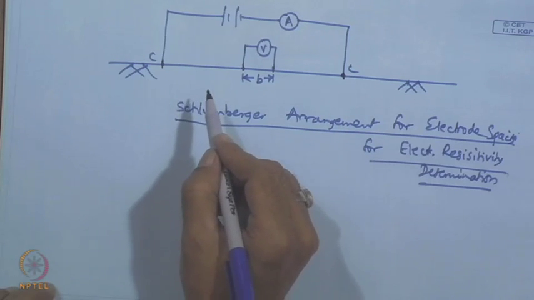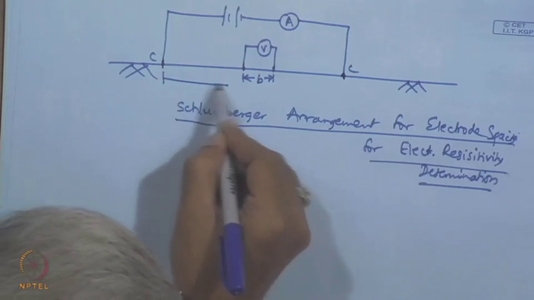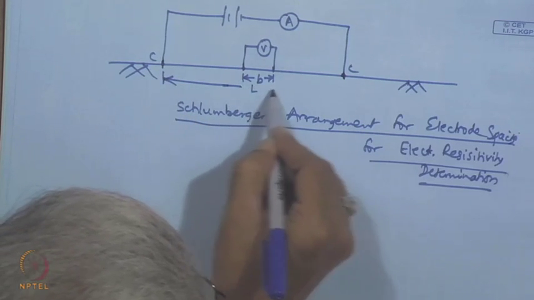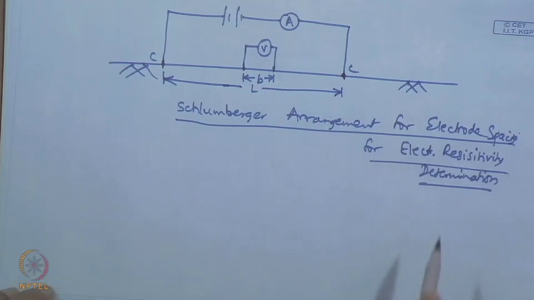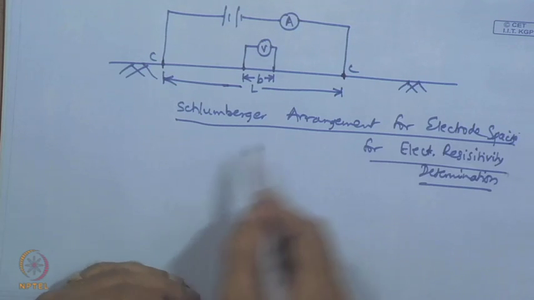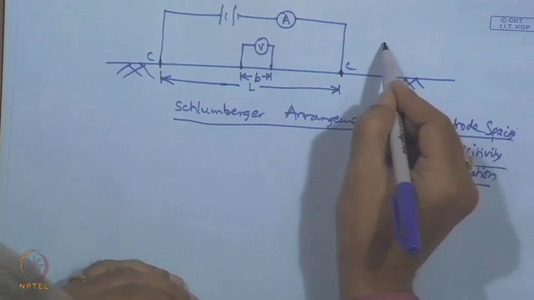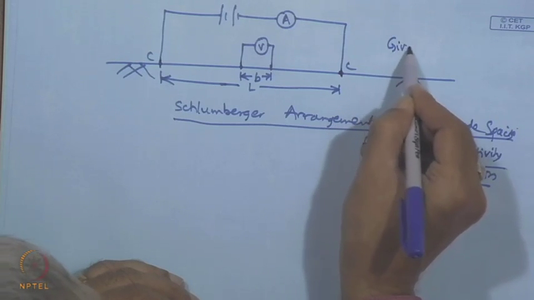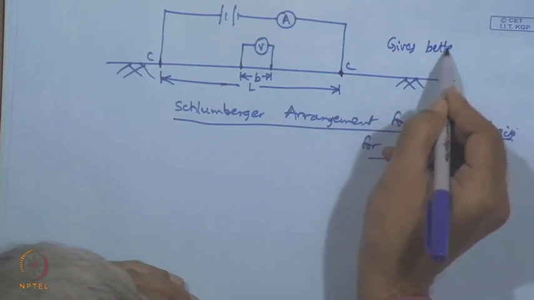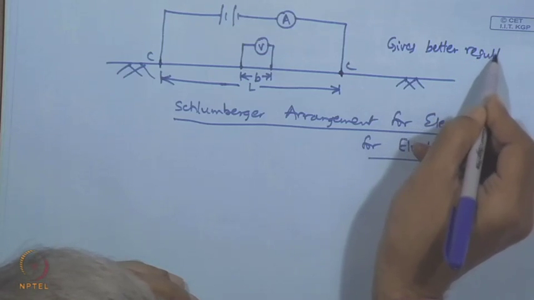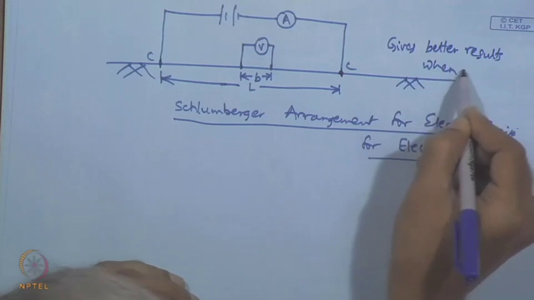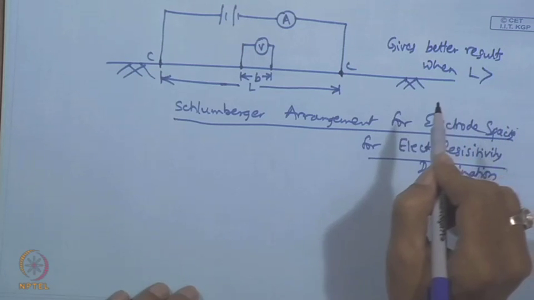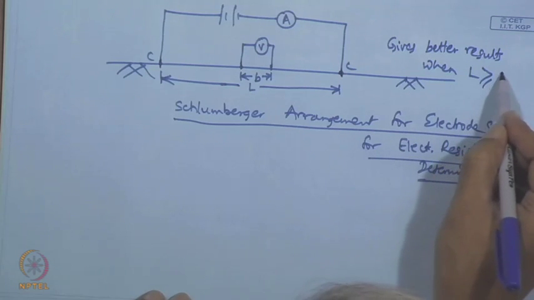In this case, the distance between the current electrodes is taken as capital L, and it gives better results when L is greater than or equal to 5B.